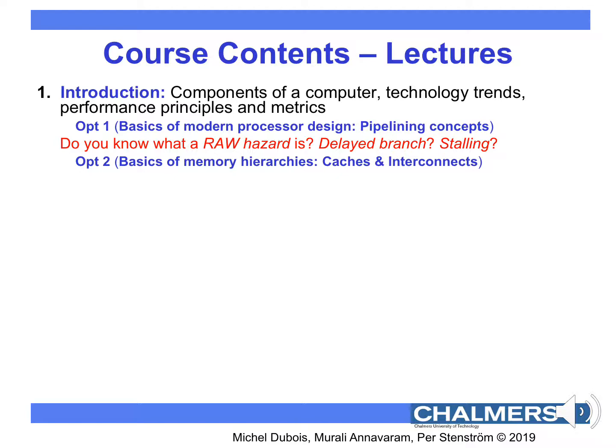One is on the basics of modern processor design, especially pipelining concepts, and as a litmus test of whether you should enjoy that or not: if you already know what the read after write hazard is, or delayed branch stalling, then you might not have any use for that, especially if you're a student at Chalmers who has taken the computer systems basic course in the undergraduate program.